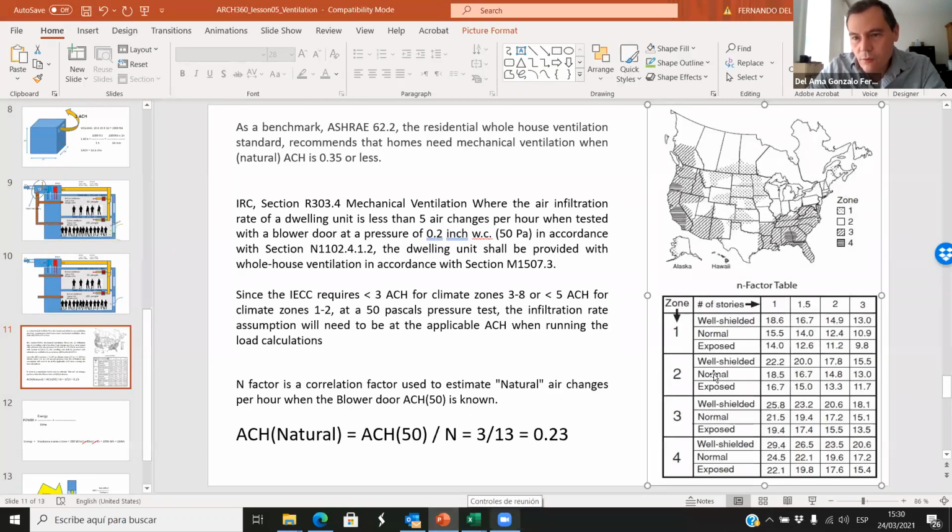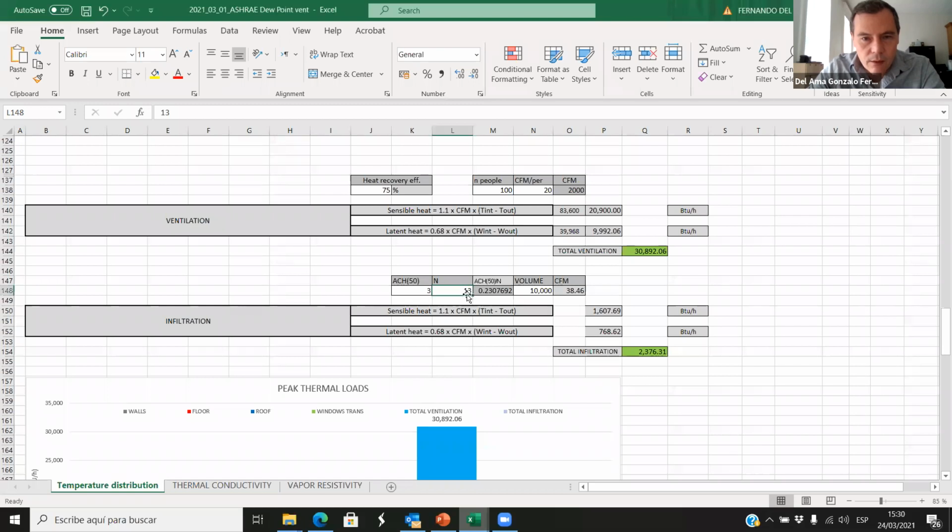Again, zone 2, normal, 2 floors. This can be 14.8. Okay, we can type here 14.8. We have the volume of the building. The volume of the building is the area times the height. We can change this volume, whatever.